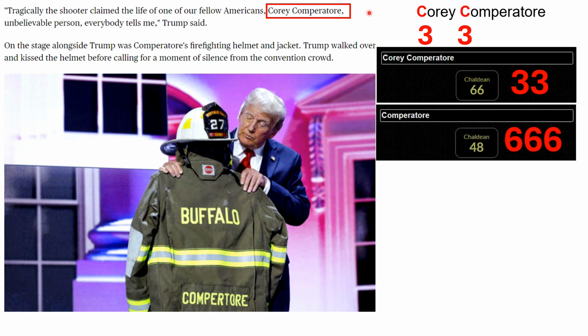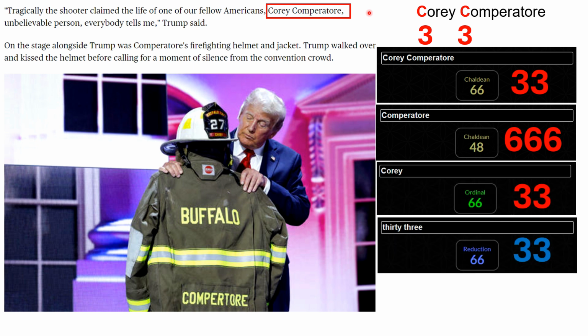This one, if we look at comparator, that's the 48 for 666 spelt out in Chaldean numerology. If we look at Corey, that's 66 again for 33, and that's just showing you 33 is 66.